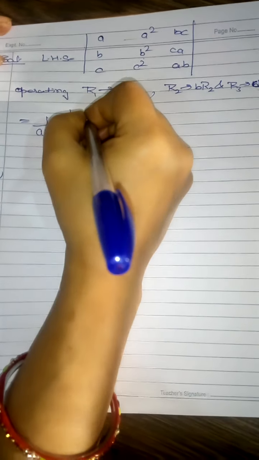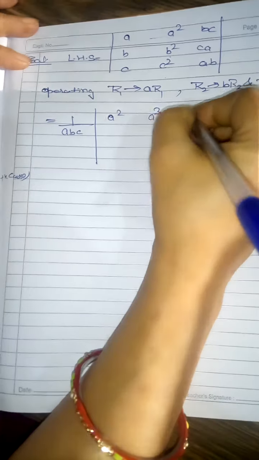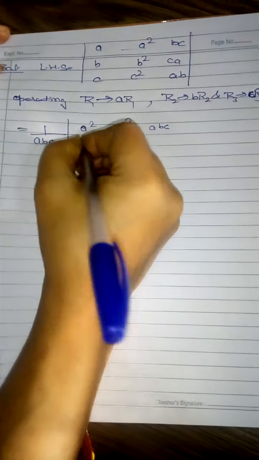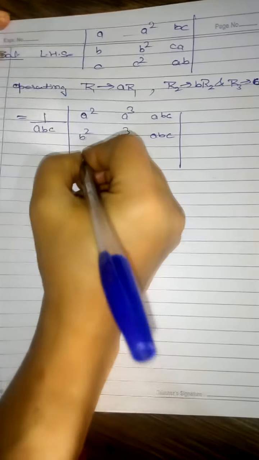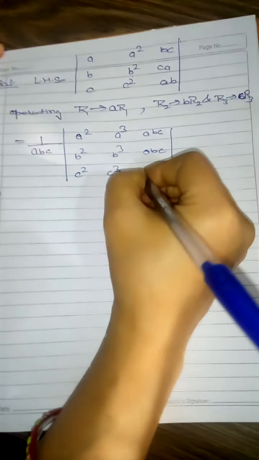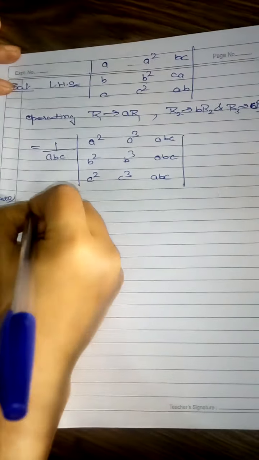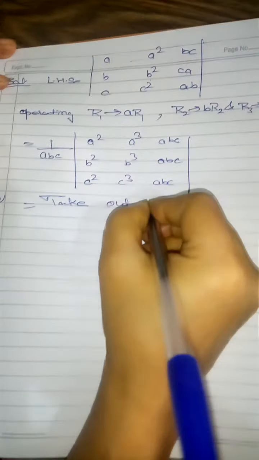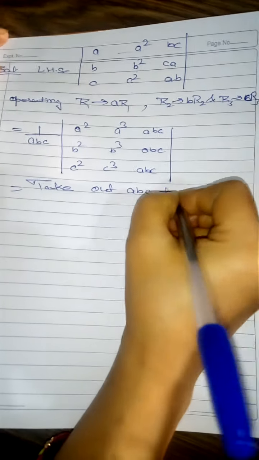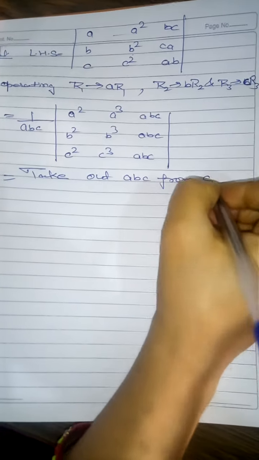Now what is coming here? Here a square, a cube, ABC; b square, b cube, ABC; c square, c cube, ABC, because you are multiplying with a, b and c. After that you take ABC common out of C1.